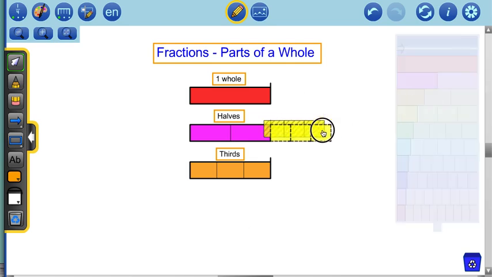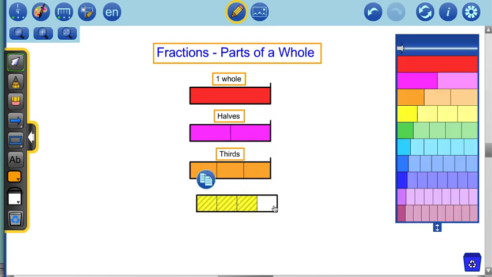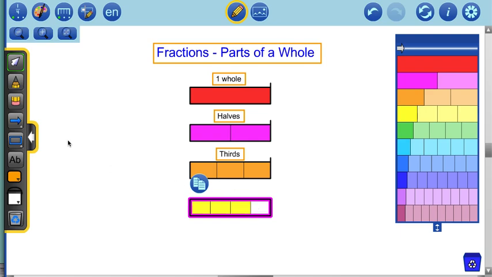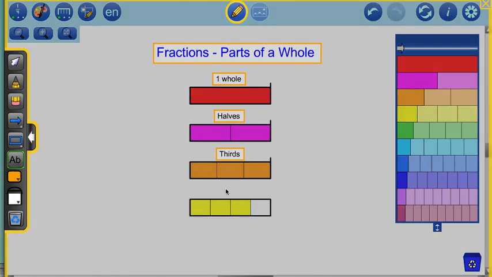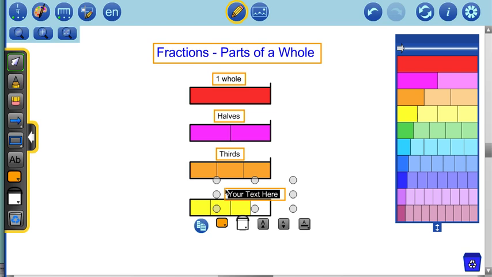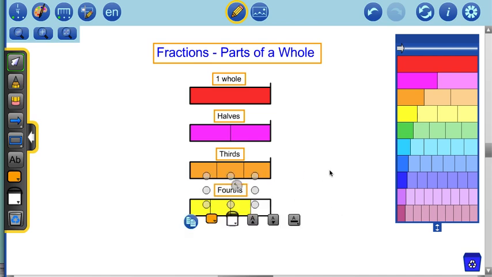Now, the last one I'll show you, as you can see, again, the same size rectangle, but it's separated into four equal parts, and that's called fourths, okay?